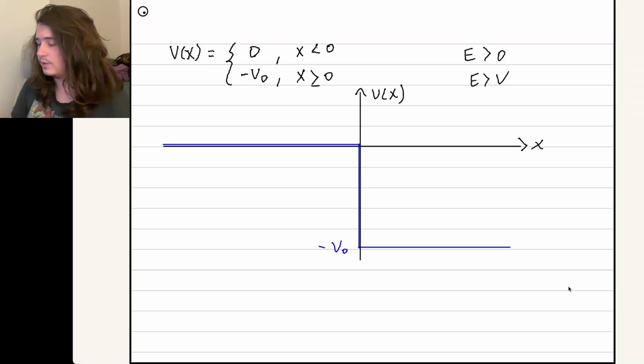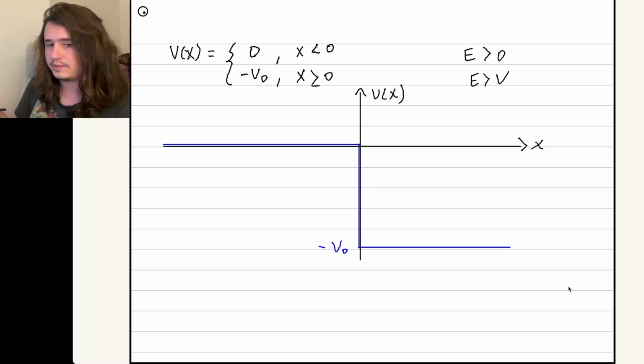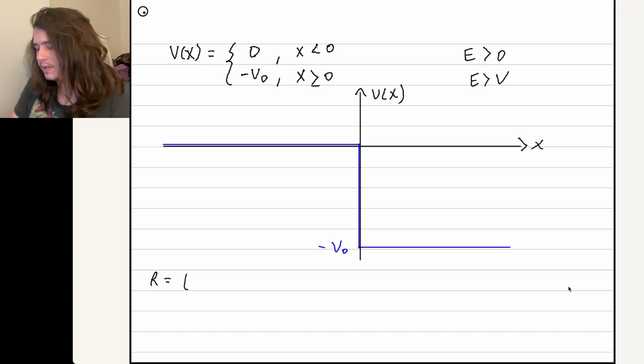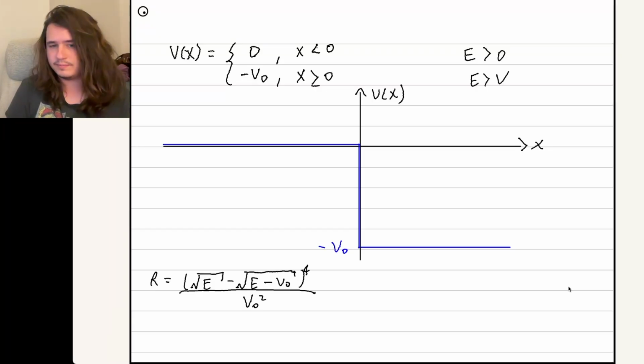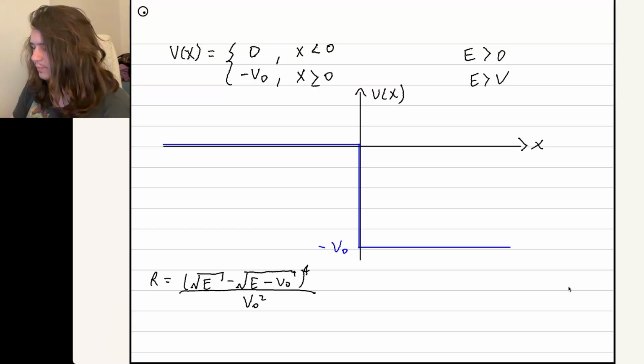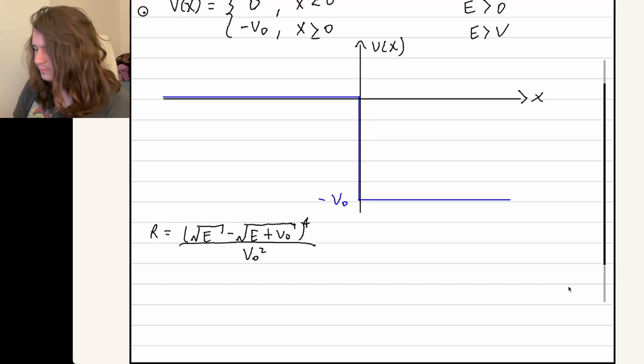If you look back at the last video, at some point we calculated the reflection coefficient for a similar case, which was root E minus root E minus V naught, because we had a positive step potential. But because now we have a negative step potential, we have a plus right there, because we just flip the sign like we did in the problem setup. So we have that reflection coefficient.